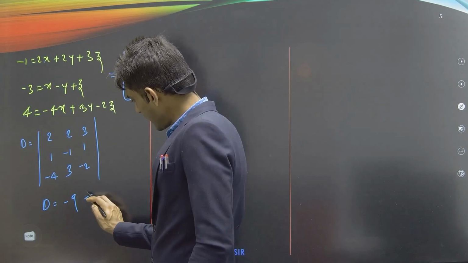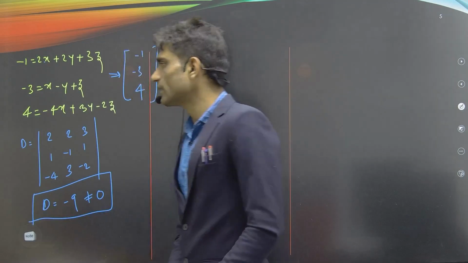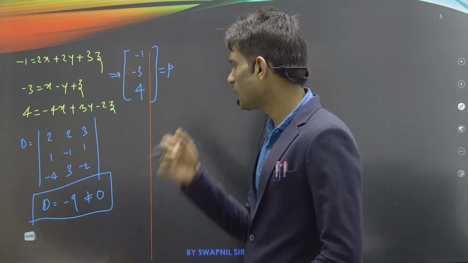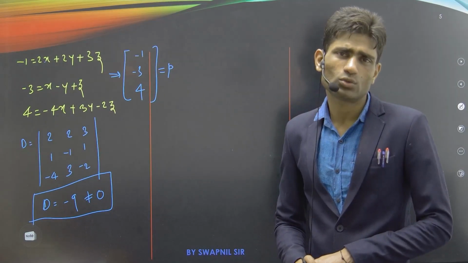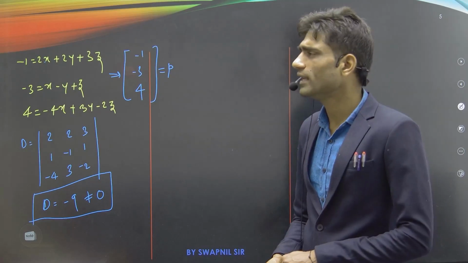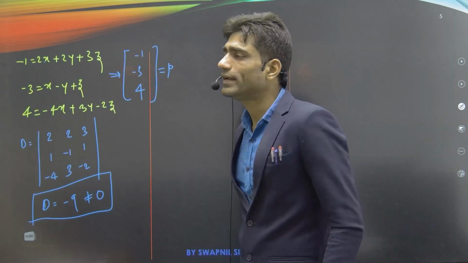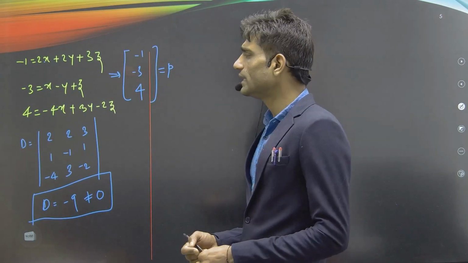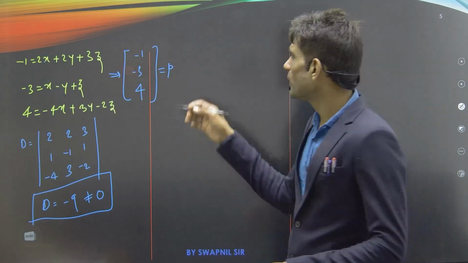As I found earlier, it is not equal to 0. So we got the value of determinant D as minus 9, which is not equal to 0. I'm explaining Cramer's rule here. Using Cramer's rule we find the values of x, y, z. Similarly we go for the values of Dx, Dy, Dz.